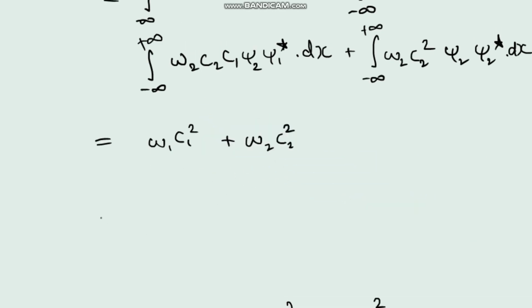For a normal equation such as this, which follows an eigen equation, you would have obtained omega psi.